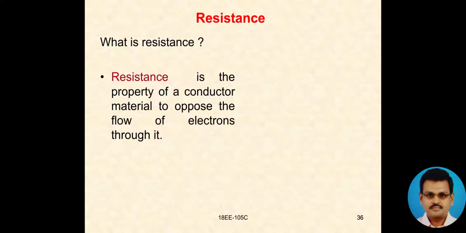Some materials may have more opposition and some materials have less opposition, but there is opposition to the flow of electrons. That opposition is defined or named as the resistance of the material.